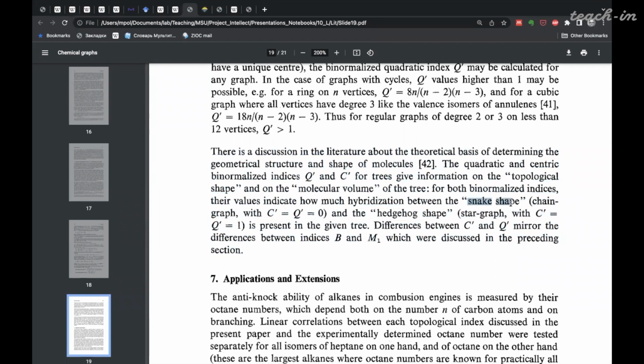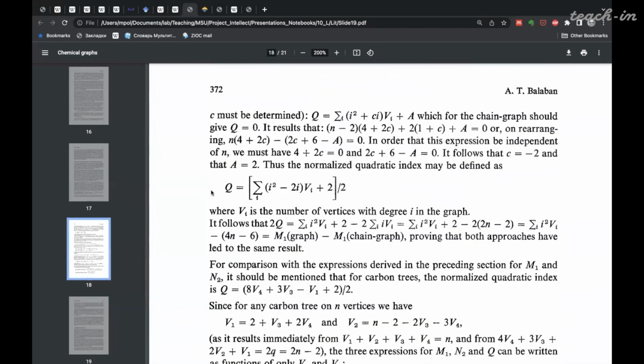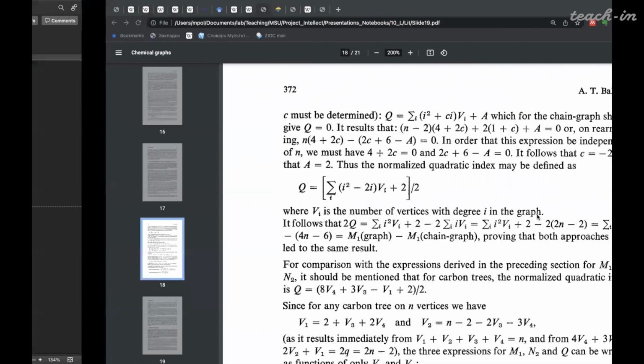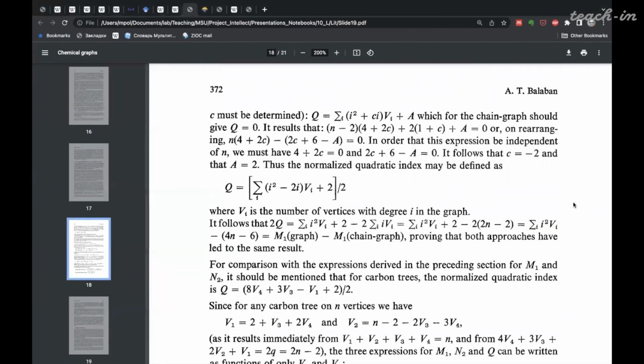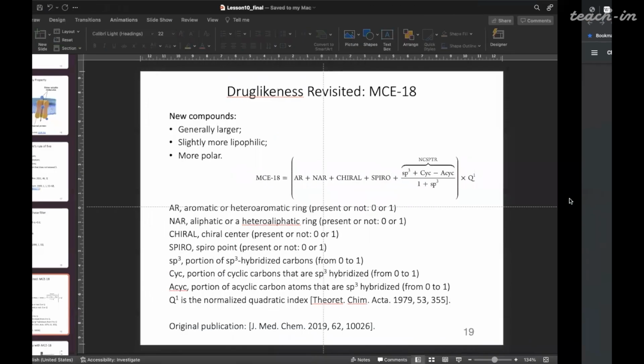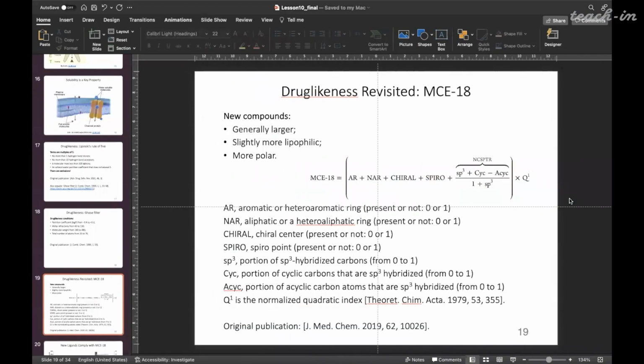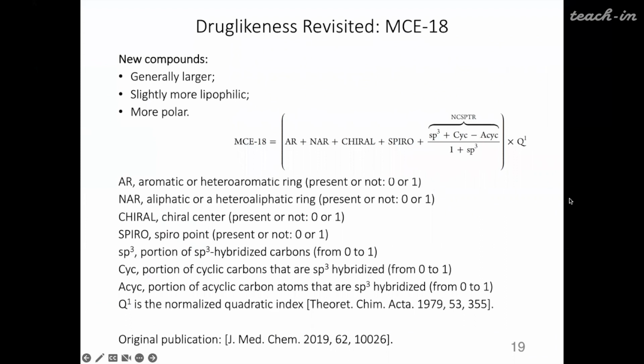So it indicates if the molecule is linear or it's highly fused. So you can find the exact formula. However, as long as we are going to discuss this topological index next, we are not particularly interested in the formula.